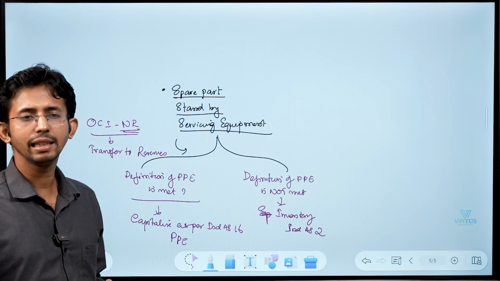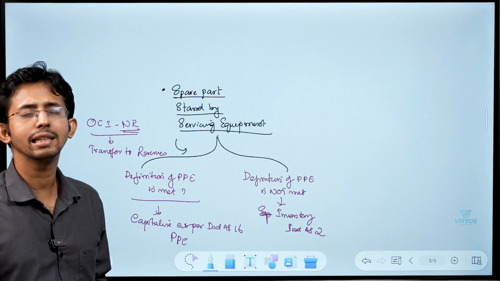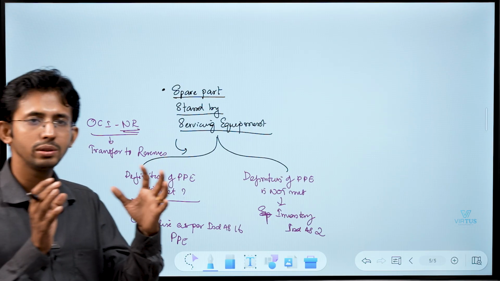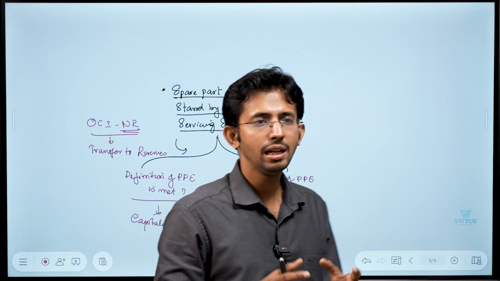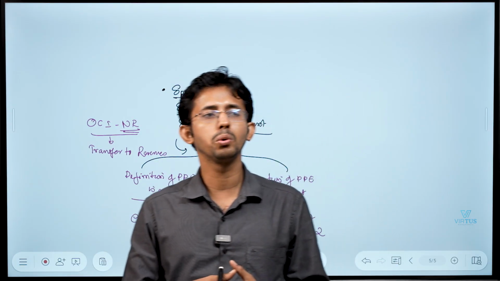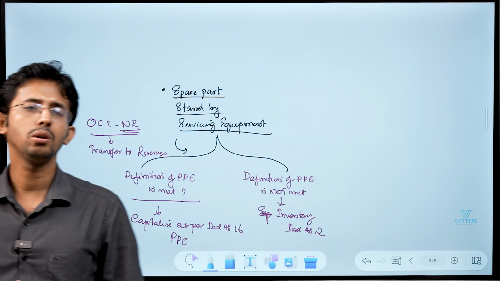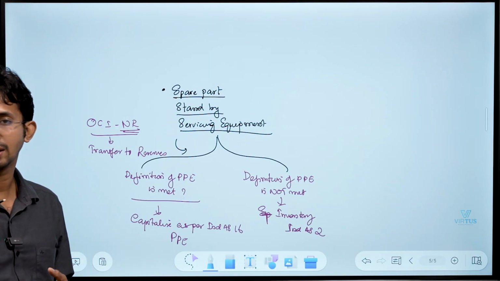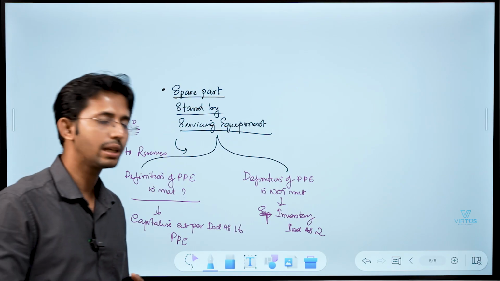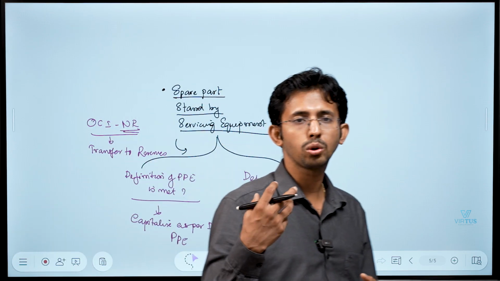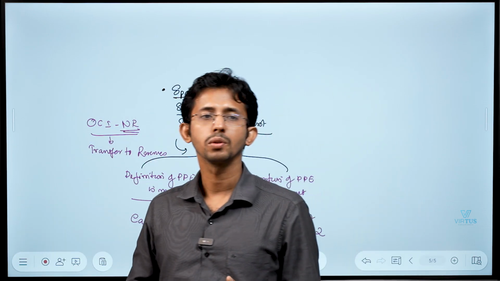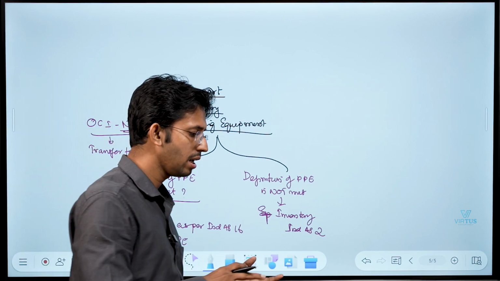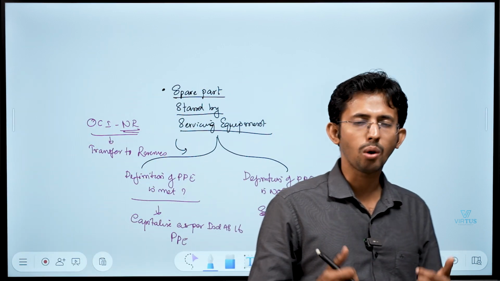So friends, I think I have touched upon almost all the areas. I have given it as a summary of Ind AS 16, where we touched upon the meaning of PPE, then the recognition criteria and initial measurement, the cost model, and what all things are included in the cost. Then subsequent measurement, where we discussed the cost model, the revaluation model, and the accounting of the revaluation model.